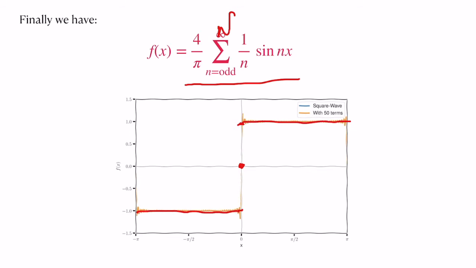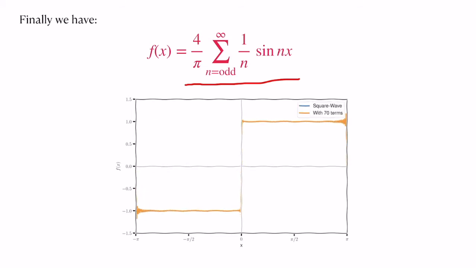Here what we have is an animation which quickly goes through, but you can see that now, as more and more terms are added, this function fairly well matches with the step function, except there are some wiggly things happening.